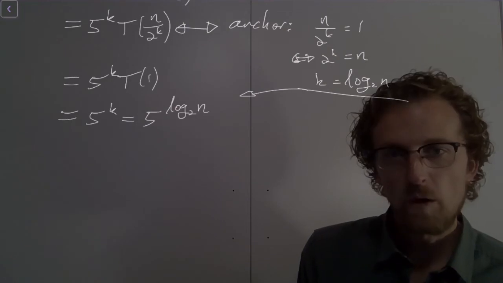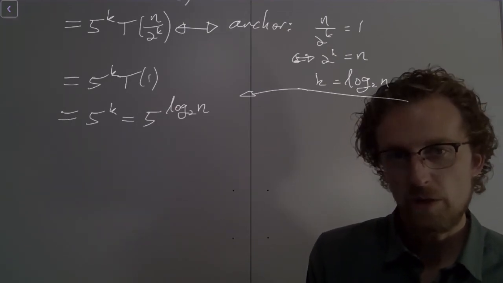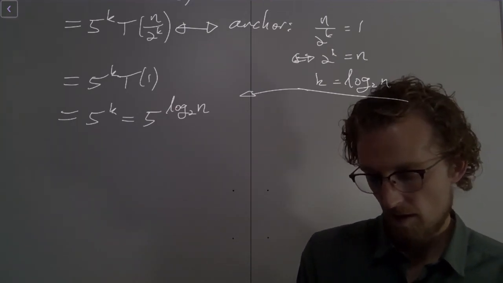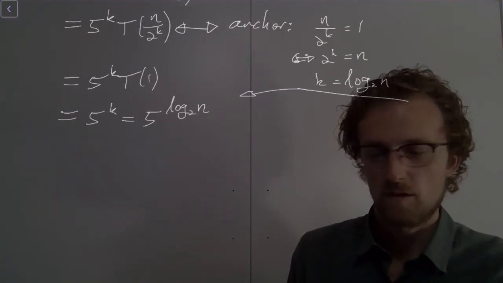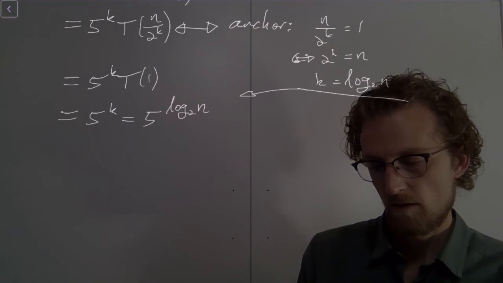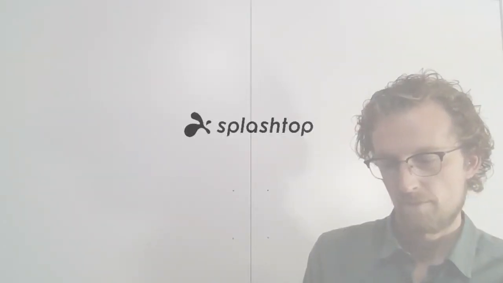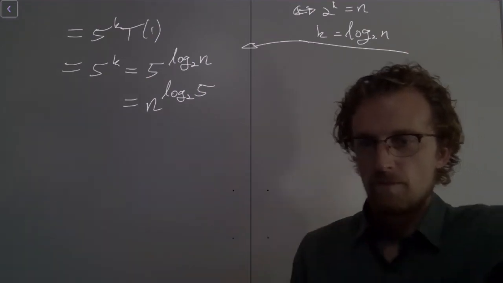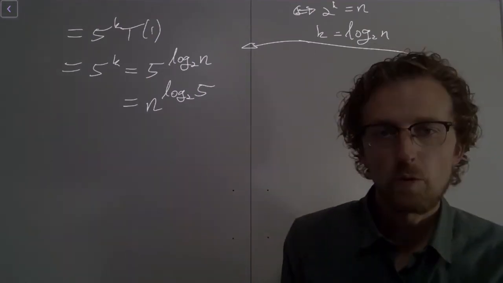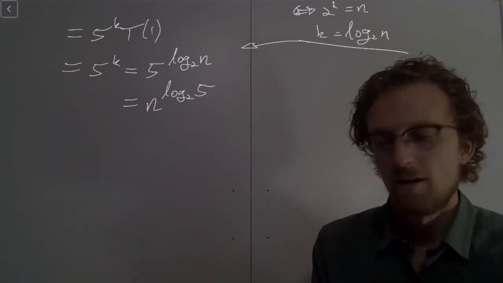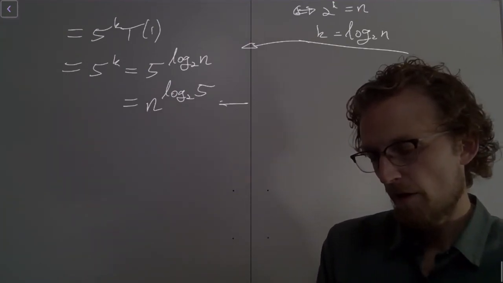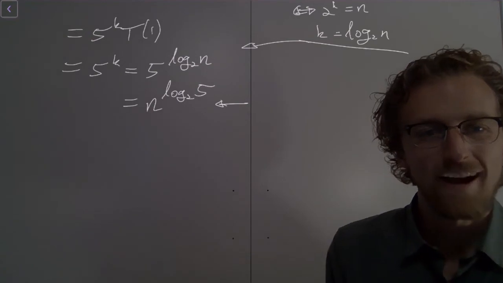Okay, so we went from it being 5 to this weird log of n to just being n to the power of this weird log of 5, okay?